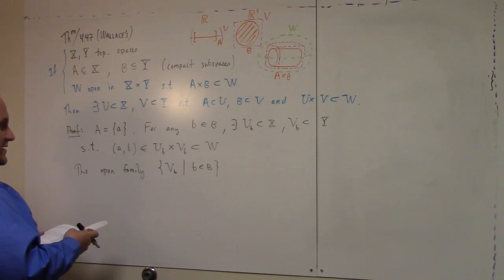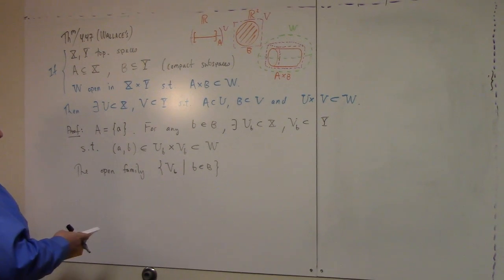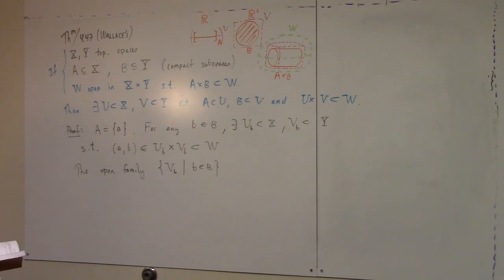I guess he's just saying take a family of open sets inside Y, right? Each one of which contains b, right? Then why would they cover B? Because there's one for each element of B.